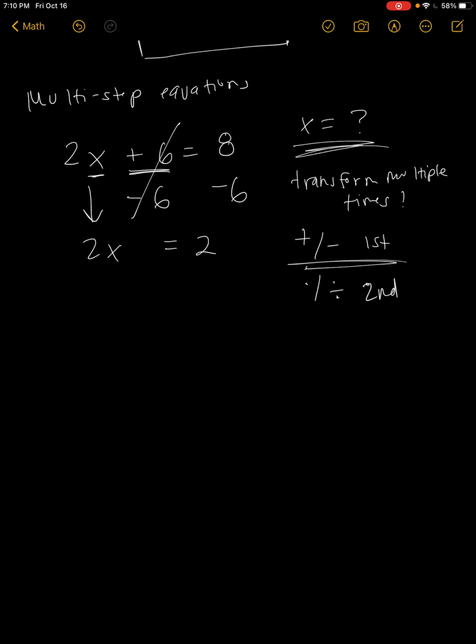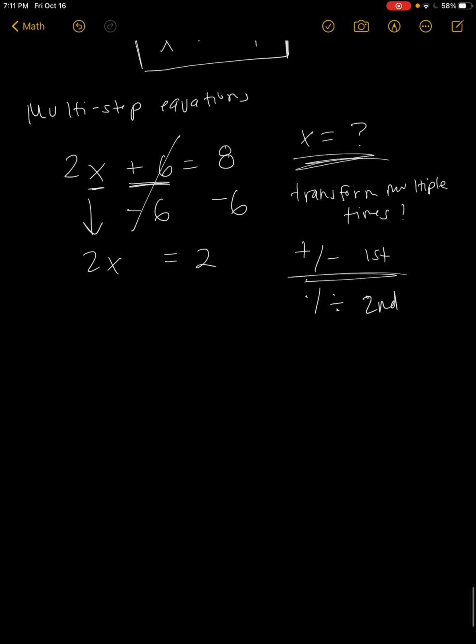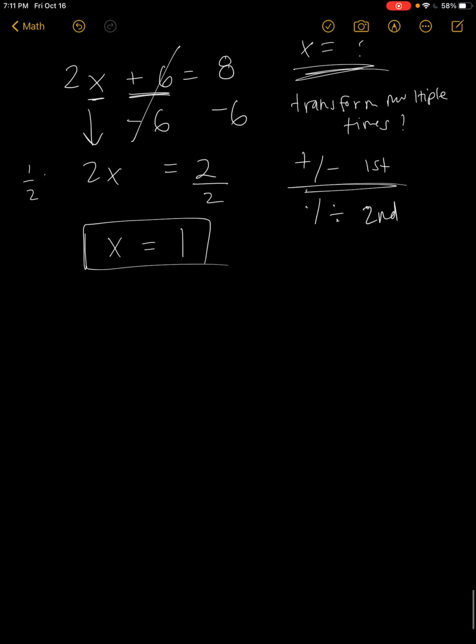And then now I'm going to do my multiplication, division. You can do it either way, whether it's multiply by the reciprocal, like multiply by 1/2, or you can divide both sides by 2. You're going to get the same answer, whichever way you prefer. You get x equals 1.